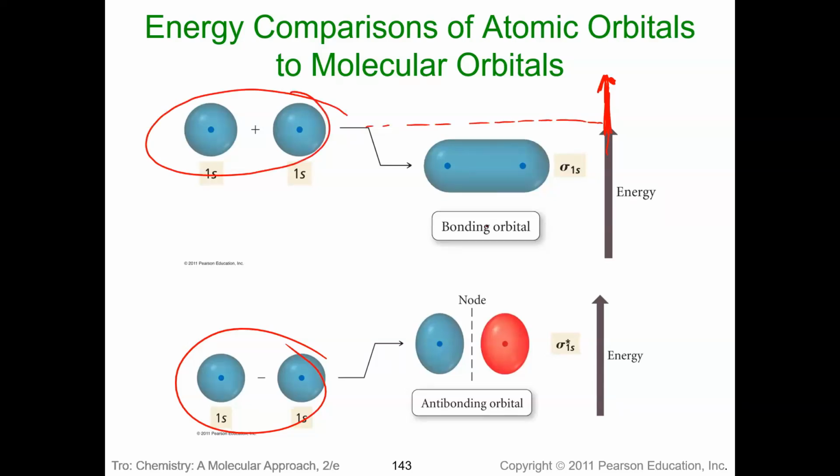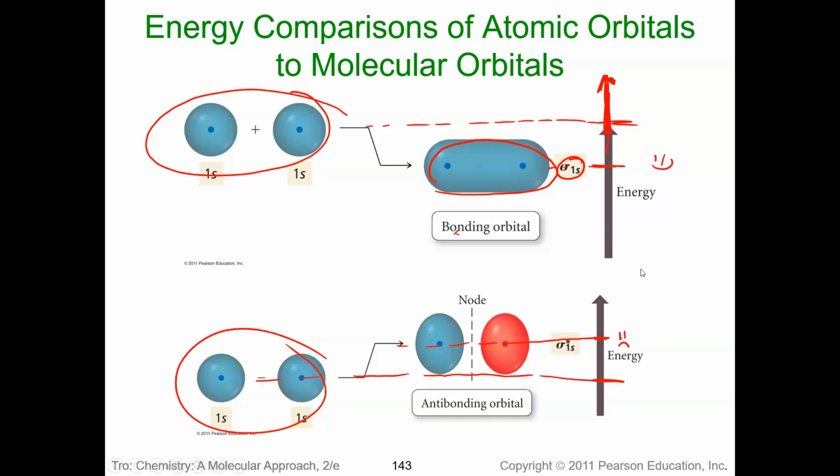When we make these molecular orbitals, do you see how this bonding orbital is lower in energy than these? Happy. So our sigma 1s, happy orbital. Here again is our energy. Our anti-bonding orbital is higher energy, bad. Anti-bonding orbitals destabilize the molecule. Bonding orbitals stabilize the molecule.